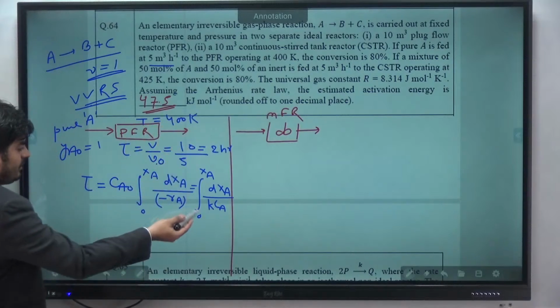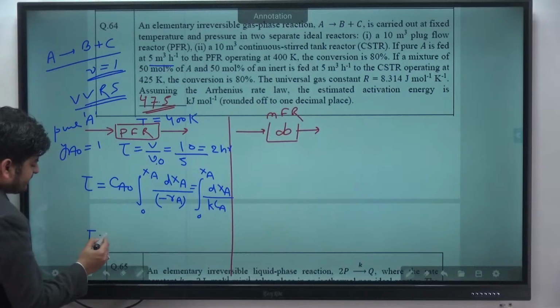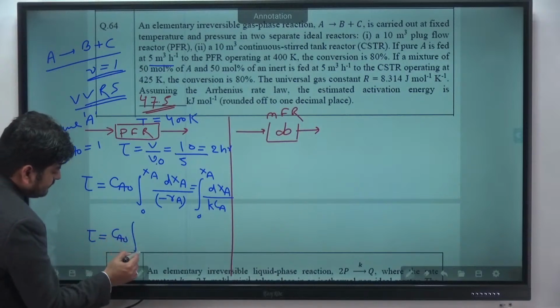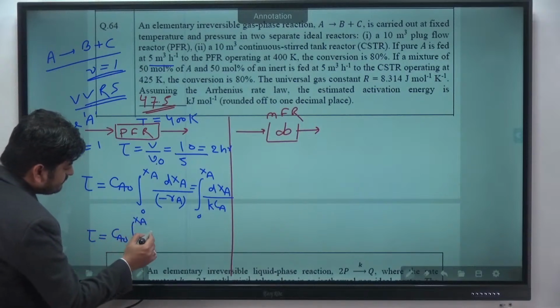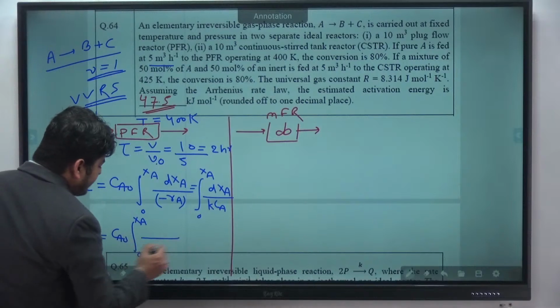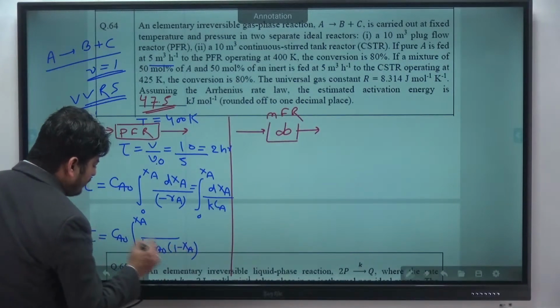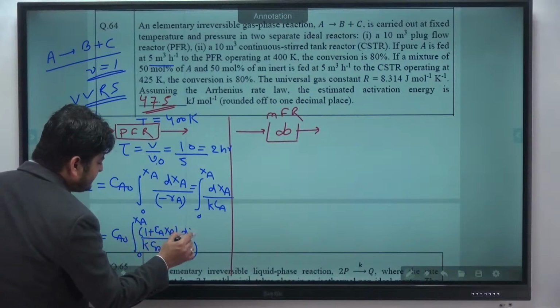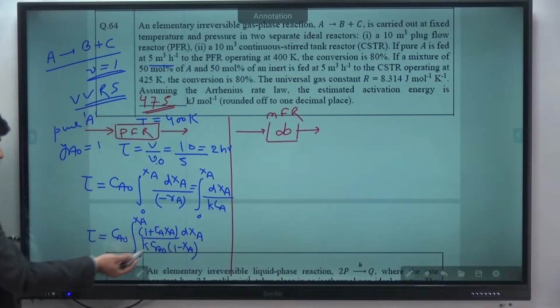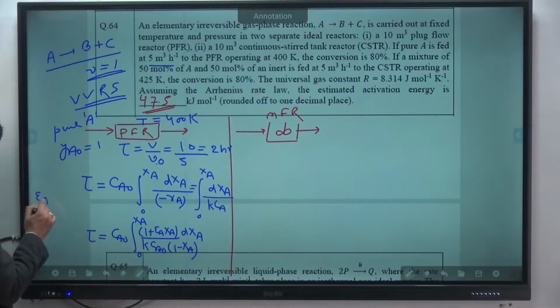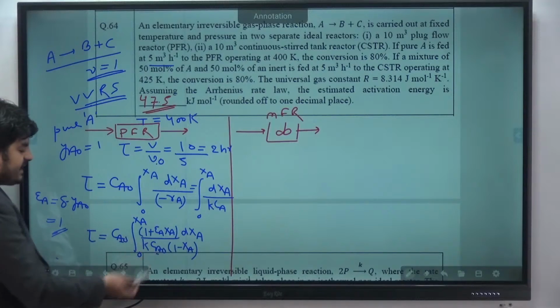Okay. So for a variable volume reaction system, we know that Ca can be written as Ca0 (1 minus Xa) over (1 plus epsilon A Xa), and dxa is there. I hope you know how to calculate epsilon A, that is delta into Ya0. For this case, it will be 1. Ca naught will get cancelled.